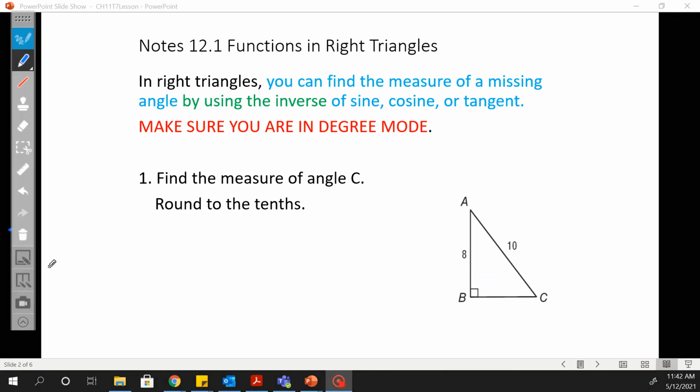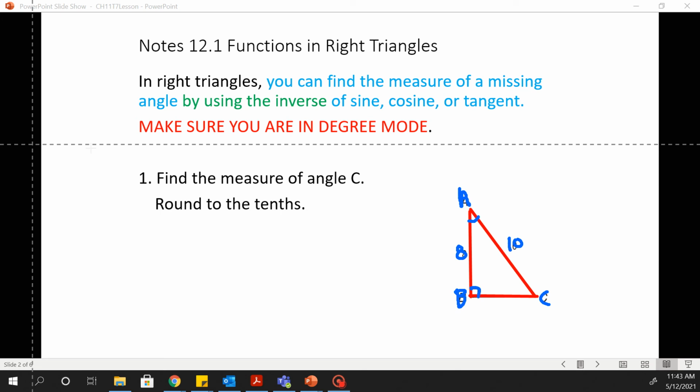Okay, so let me copy my triangle here. So I got A, I got B, I got C, here's my right angle, so I got 10, I got 8.